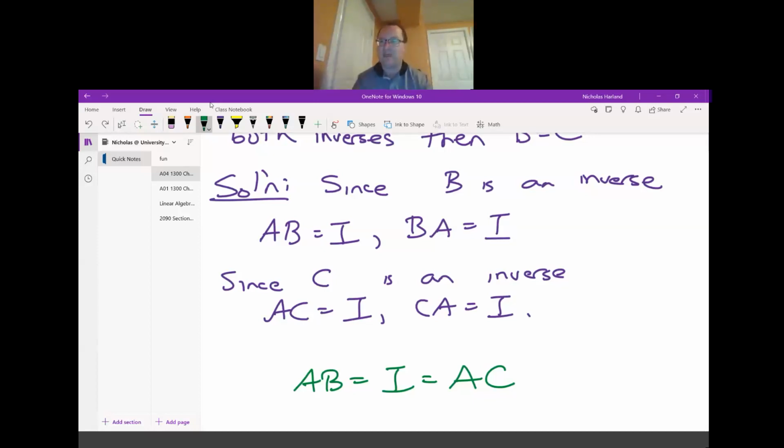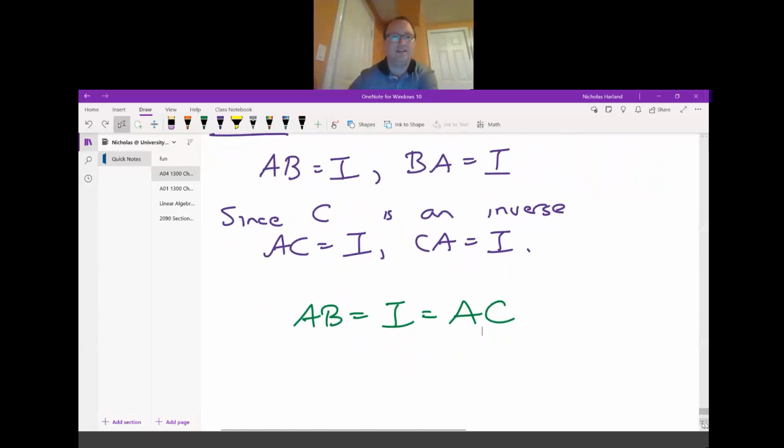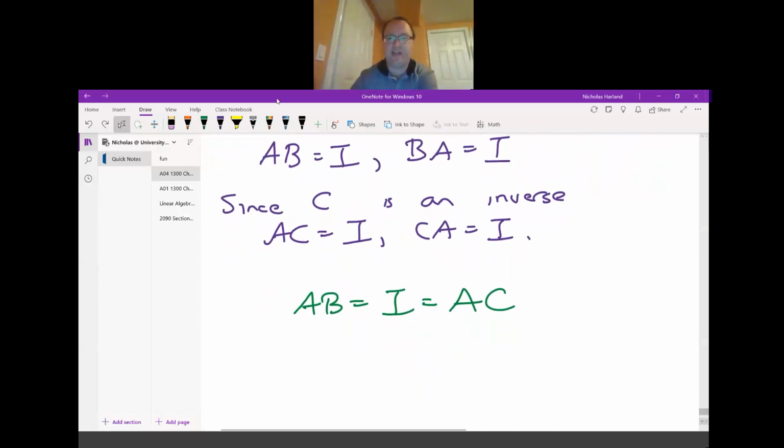So what can we multiply by to get rid of the A? We want to get rid of this A, but we can't divide by it.